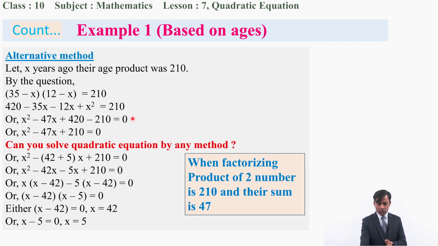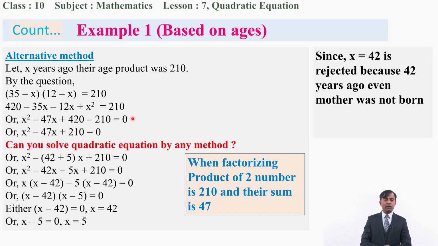Are both values accepted or not? Both are positive. Are we accepting both values? Look at here. x equal to 42 is rejected, because 42 years ago even the mother was not born. Look at what the question is. The present age of the mother is 35 years. Then how could their product be 210 42 years ago?